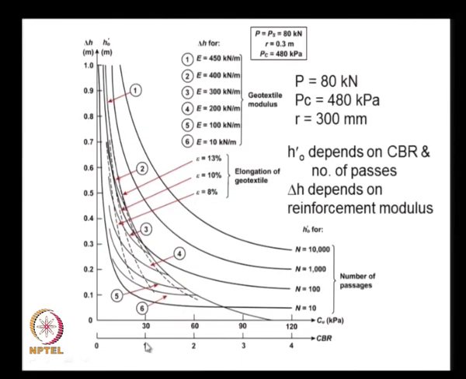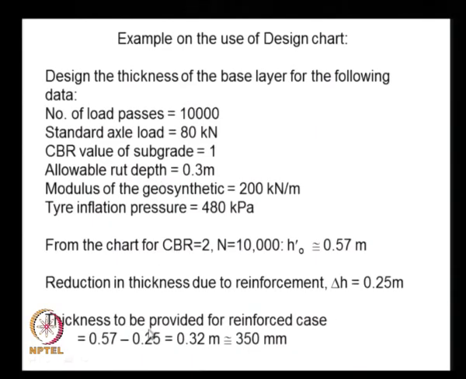So, this CBR of 1 and the number of repetitions of 10,000, directly we can read off, and it comes to about 0.57. Then the reduction in the thickness because of the placement of reinforcement, for a CBR of 1 and modulus of 200, this delta H comes to approximately 0.25.